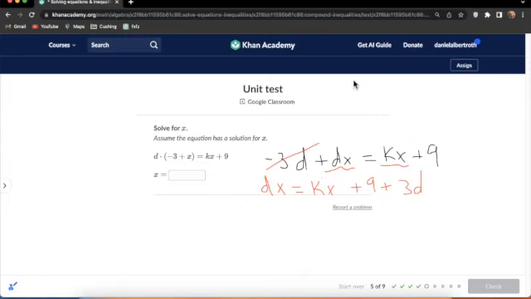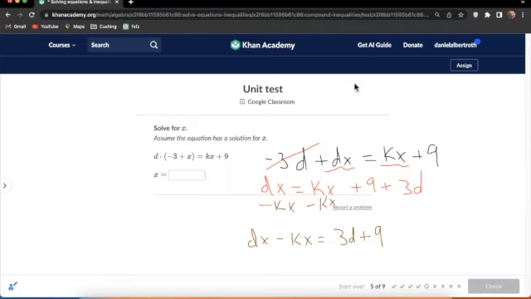What I'm going to do now, I want my x's all together, so I'll subtract kx. So this is giving me dx minus kx equals 3d plus 9, or it could be 9 plus 3d, which is the way my brain is reformatting this.